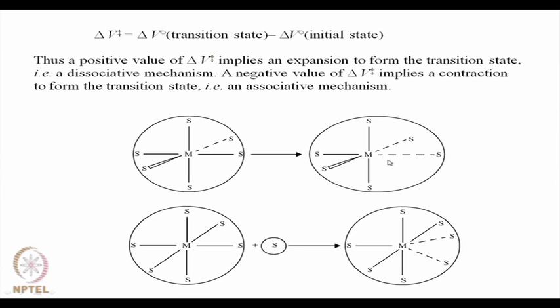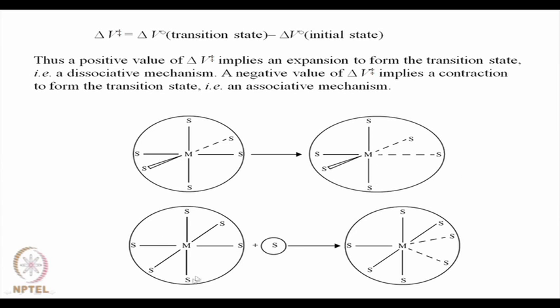Dissociative mechanism means from here to here, and a negative value of delta V activation implies a contraction to form the transition state, that is an associative mechanism. This is an associative mechanism, and this is a dissociative mechanism. This bond is stretched for dissociation. So, the initial volume is less and the final volume is more.